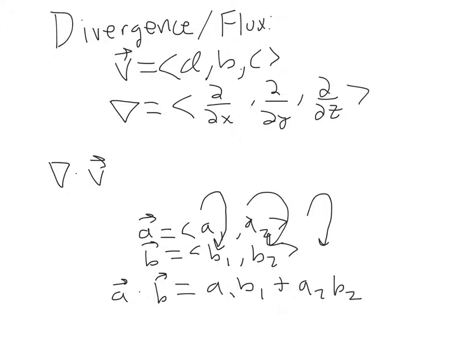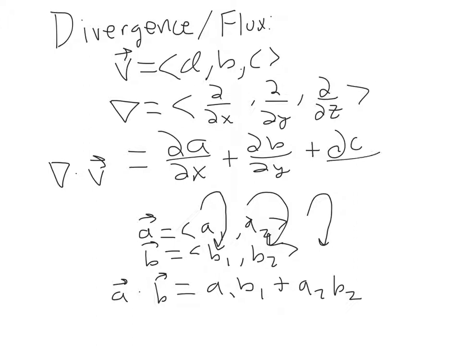So for divergence, we don't multiply the components because the del operator's components have no meaning without being applied to a vector. Rather, we apply the partial derivatives into the vector and add up those components. So we have partial A partial x plus partial B partial y plus partial C partial z.